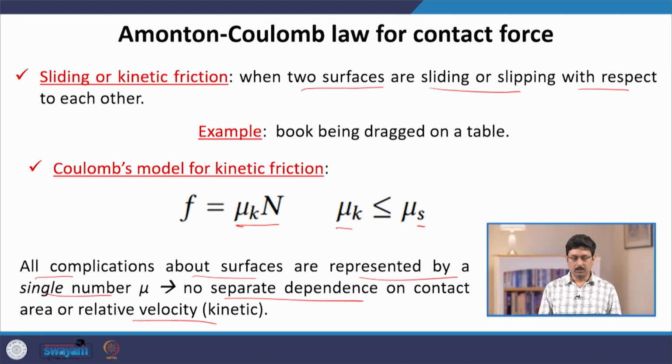So, to summarize, I reviewed the Coulomb's law of friction, and there are 3 points that I want to highlight from this critical review. First is that the frictional force can be anything between 0, the minimum value, and the maximum value mu times N, and it is a self adjustable force, its magnitude can vary within this range.